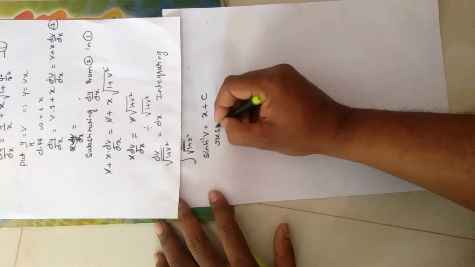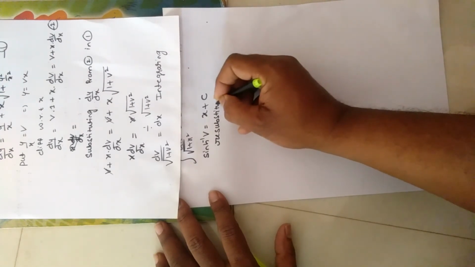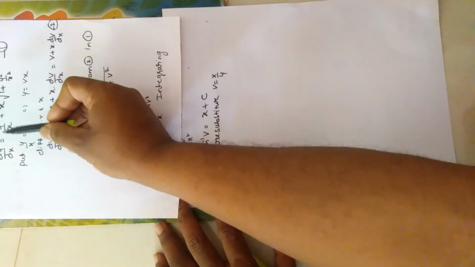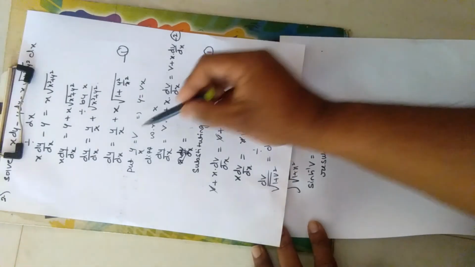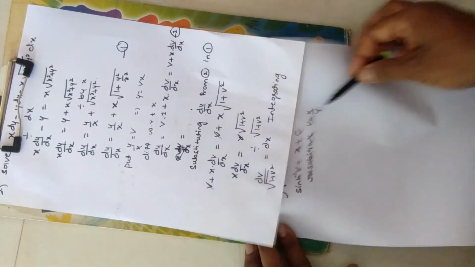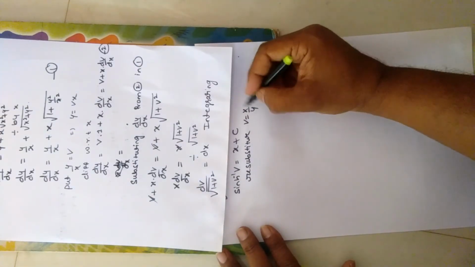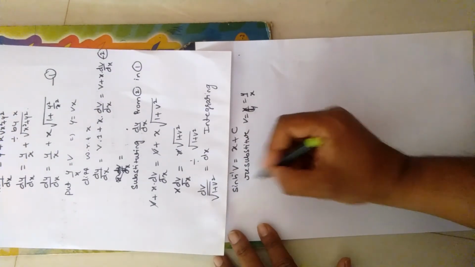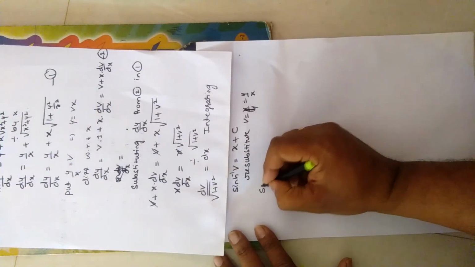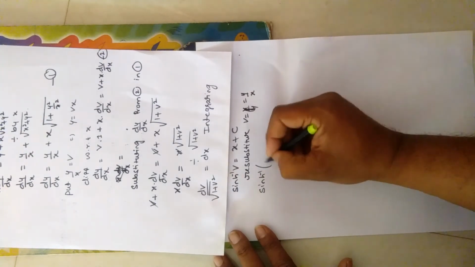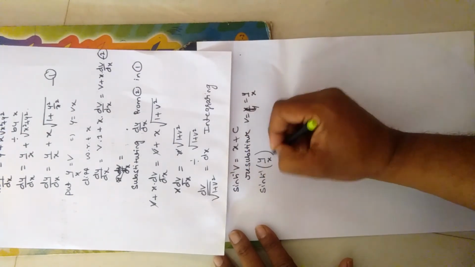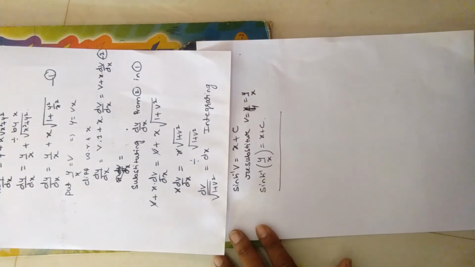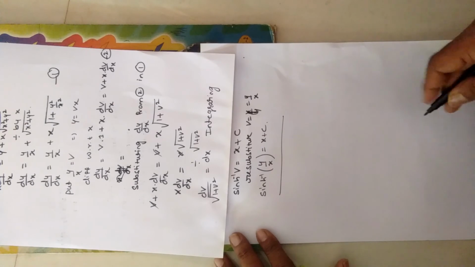Now resubstitute v: earlier we had taken v as y by x, so this gives sine hyperbolic inverse of y by x is equal to x plus c. So this is the solution of the given differential equation.